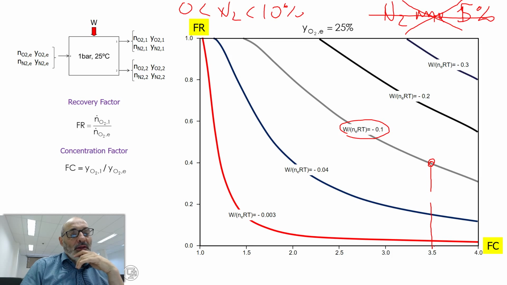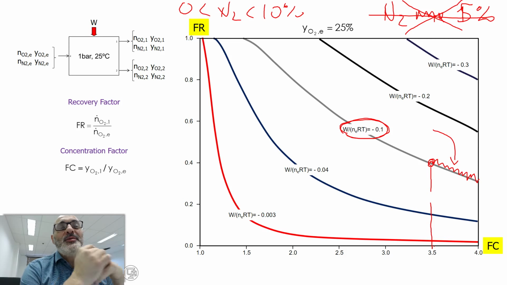If you have an interval and you already fixed the amount of work, this means that you have an interval here in order to control your process. The point is, where is it better to work in terms of overall exergy consumption? So that's how this type of graph is used.